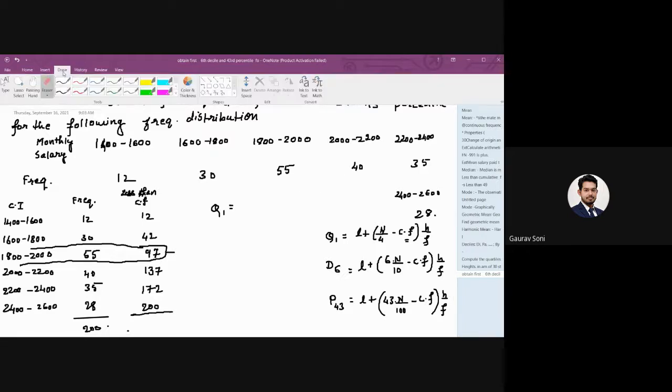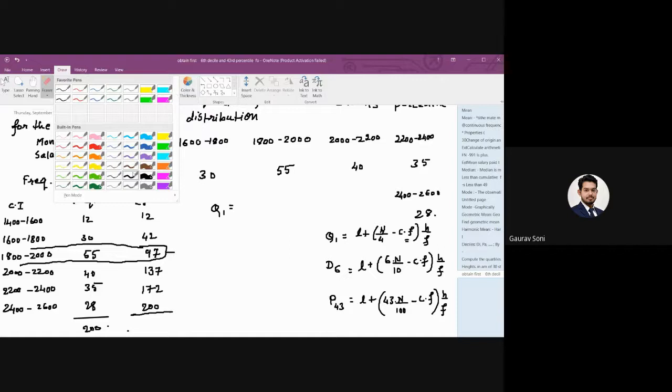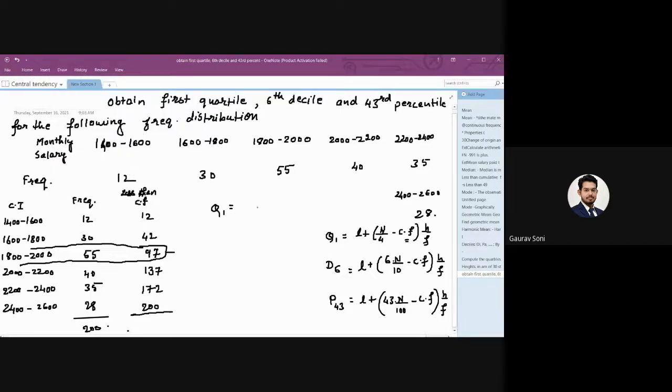What is the lower limit? 1800 plus, in brackets, N by 4, that is 50, minus the cumulative frequency of the preceding class, that is 42, into the height of that class, 200, upon the frequency 55.